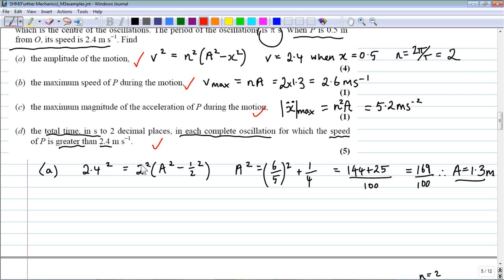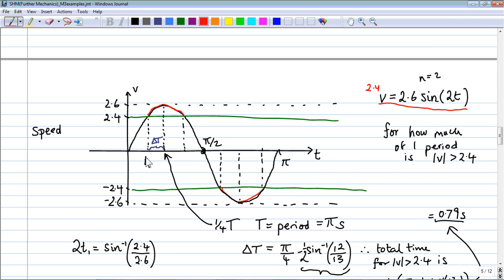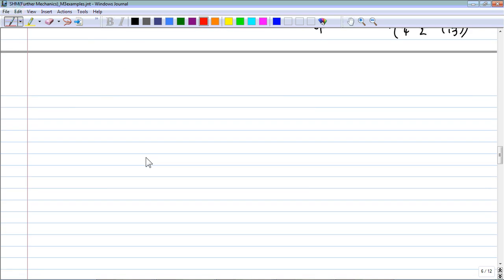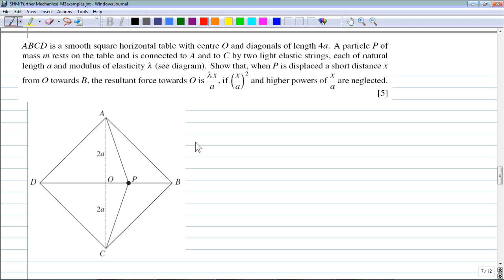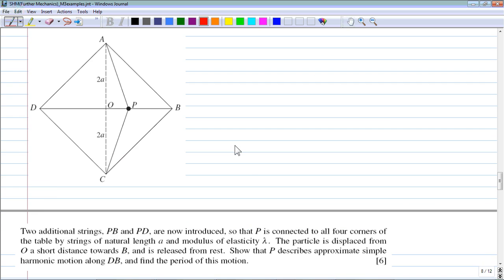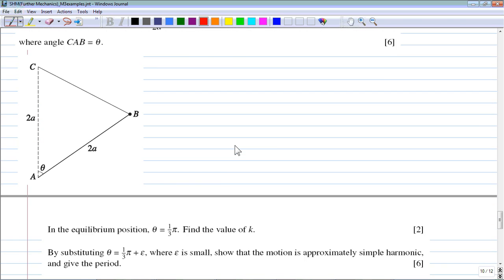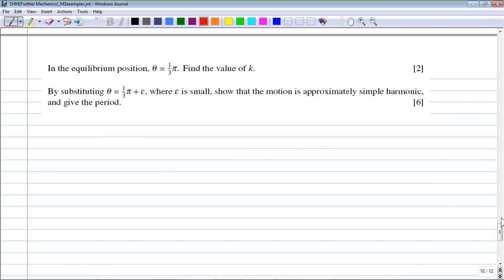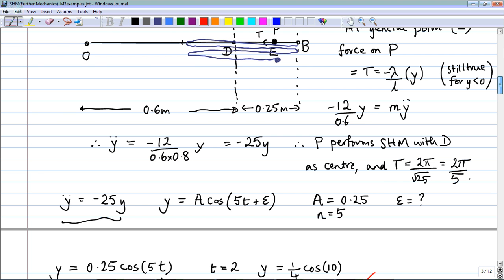Okay, so there are 2 more examples I want to show you, and these are significantly more difficult. These are real questions from the further maths exam, and they're quite demanding. But more importantly, the topic of these 2 questions, here's the other one, is the topic of approximate SHM.